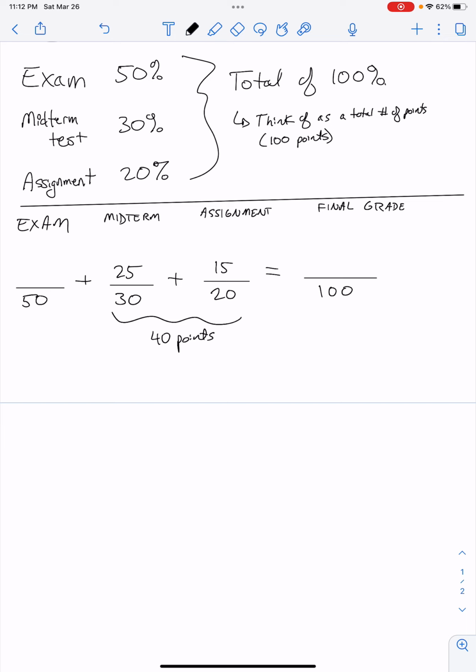But really, at that point in the course, you've only had an opportunity to get 50 points. So at that point, you've really got 40 out of 50 total that are possible at that moment. So you've got an 80% in the course at that moment.